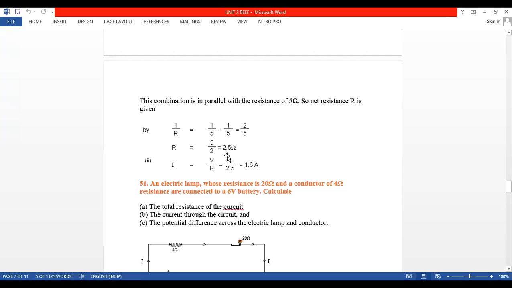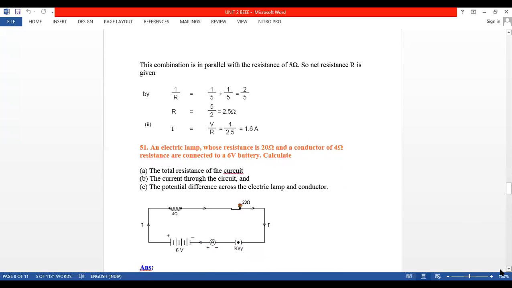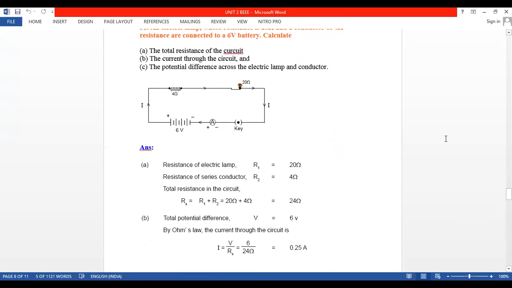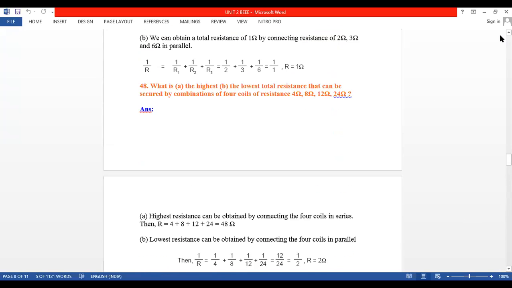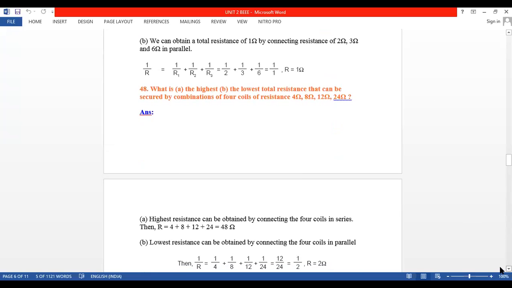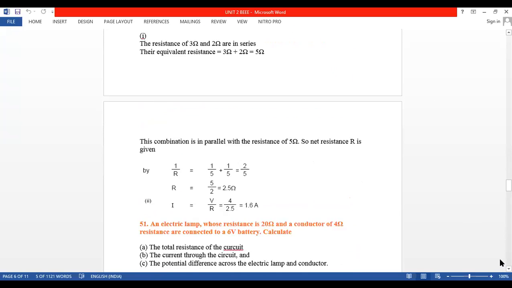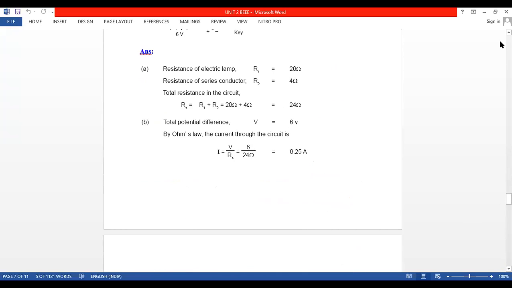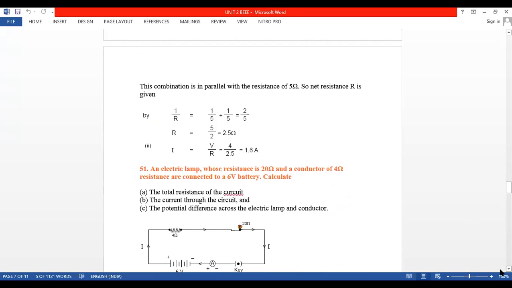Once we get the resistance, we are going to calculate the current. I is equal to V by R. So in our subject, we have to calculate how much current flows through the circuit. Slowly you can practice. I will explain all the problems also.